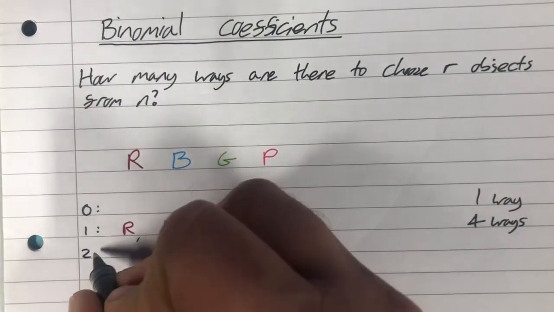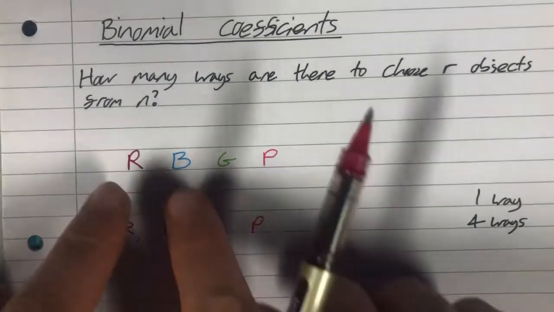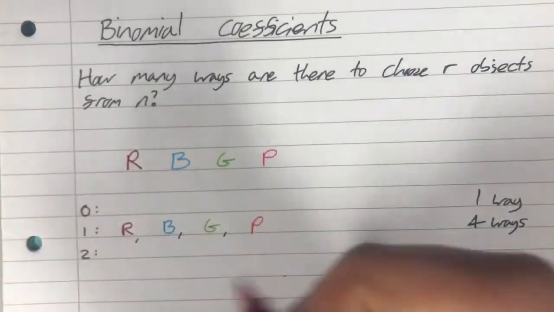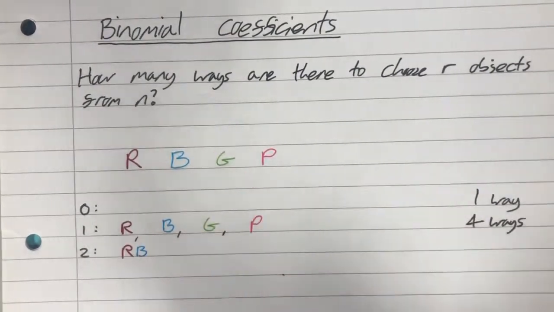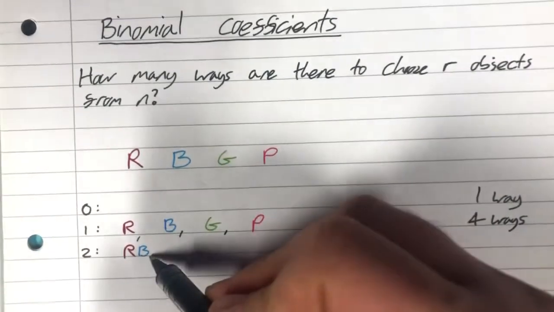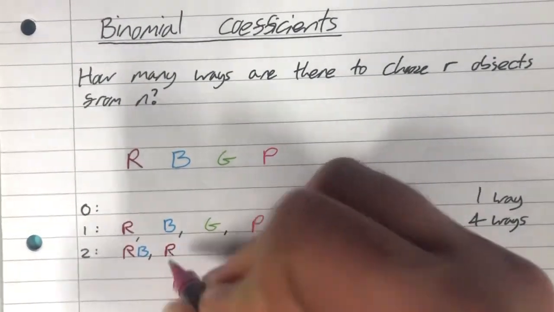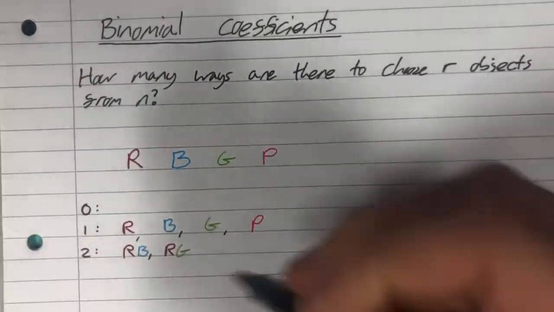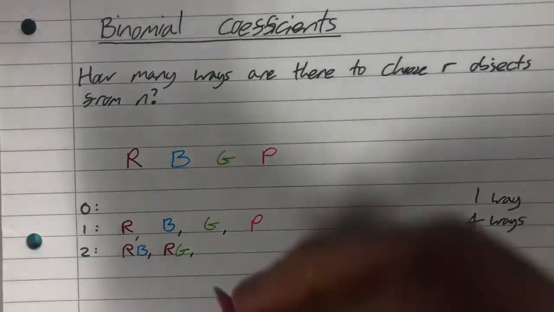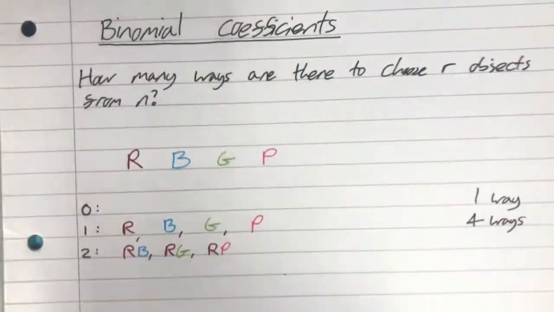Okay, what about 2 objects? Well, I could choose red and blue. So that's 2 objects. Or I could choose red and green. Okay, so that's another pair. Or I could choose red and pink.